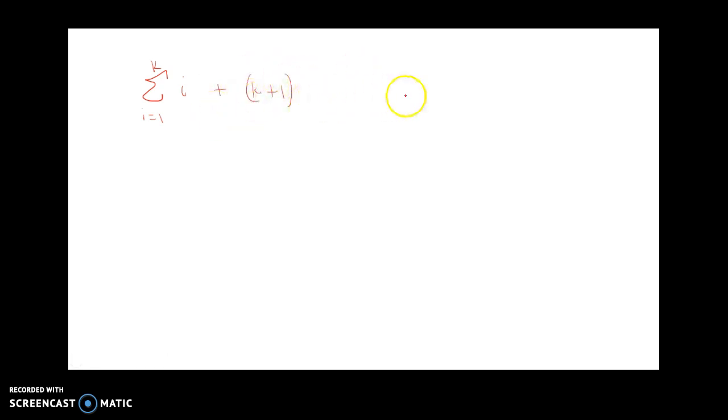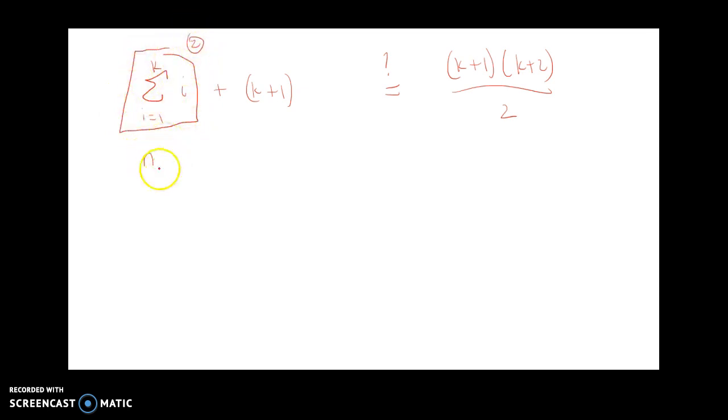And I still want to show that that's going to give me k plus 1 times k plus 2 over 2. Because from my step 2, I know that right there, by assumption, will lead to k times k plus 1.